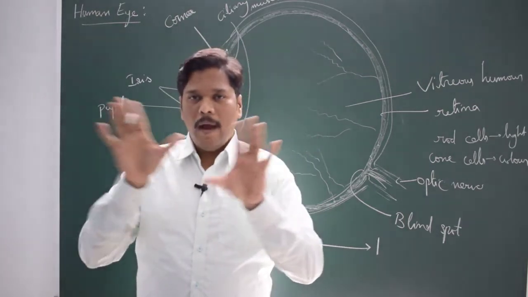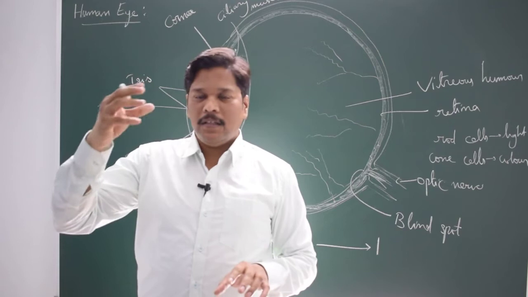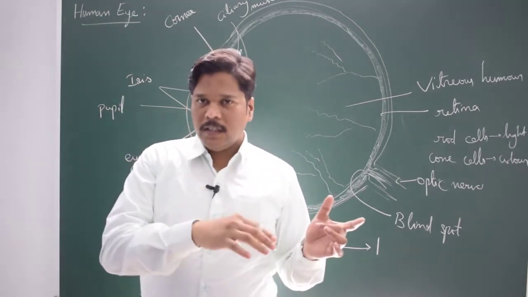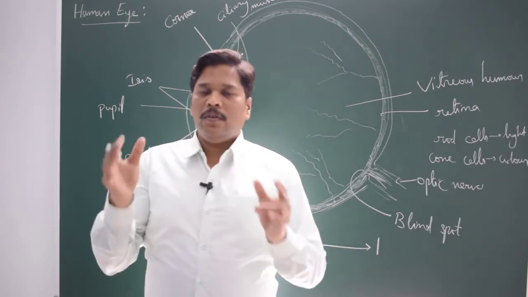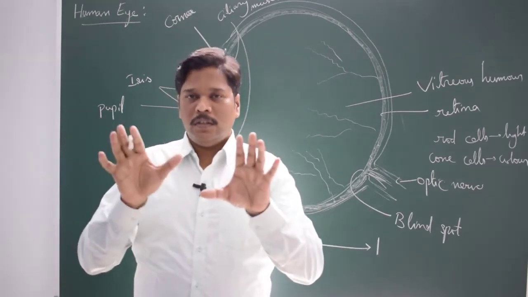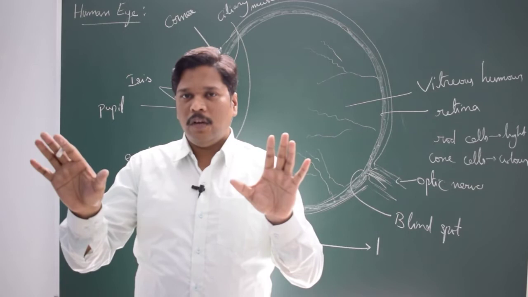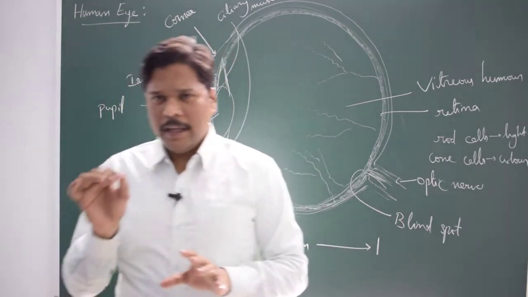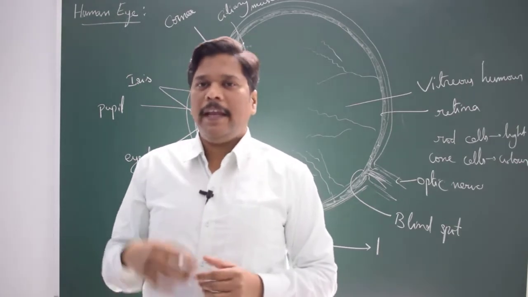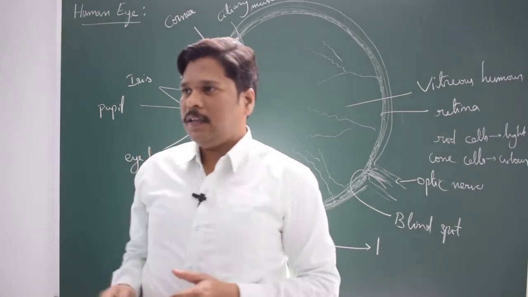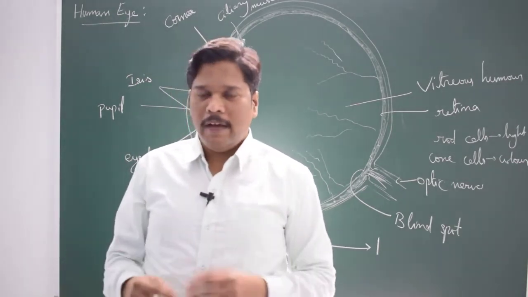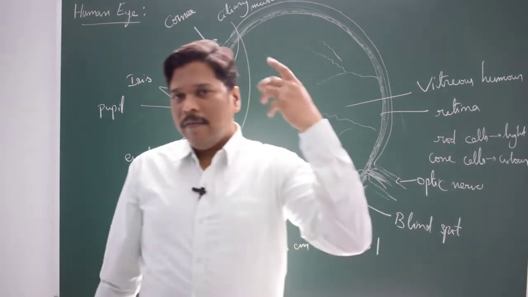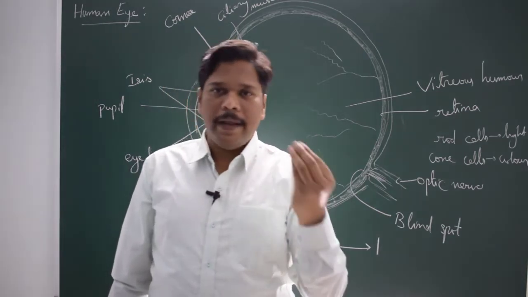So the brain will overlap them, and the information, which is actually upside down from the convex lens, which is two-dimensional, will be perceived by the brain as a three-dimensional image, and it is erect. Whatever we see with both the eyes is three-dimensional and appears erect. This whole function is done by the brain.